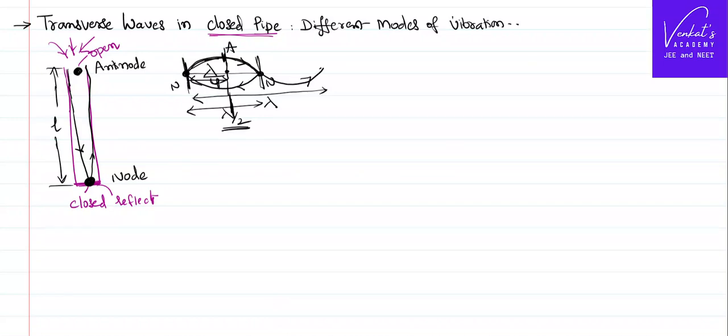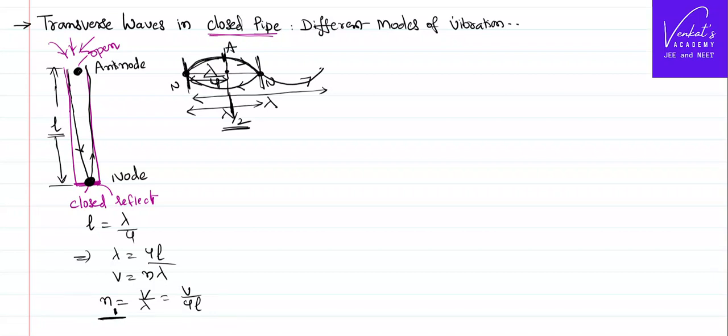So what we can see is the entire length of this closed pipe is lambda by 4. That implies lambda equals 4L. We know V equals n lambda, so n equals V by lambda, but lambda equals 4L. That is V by 4L. This is the least possible frequency that can be generated here.